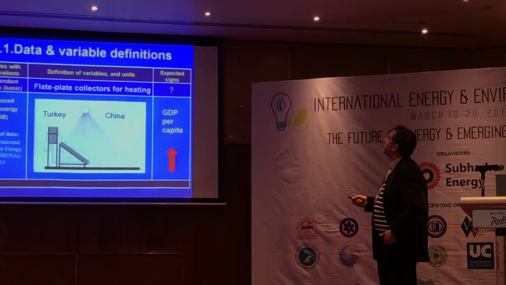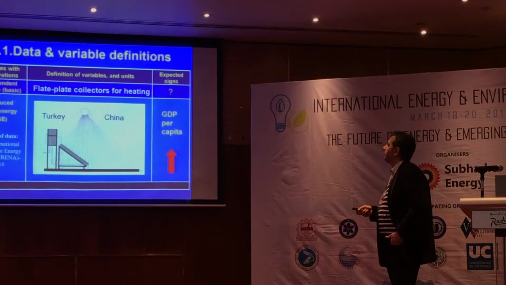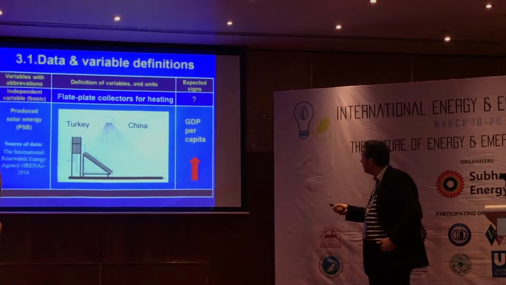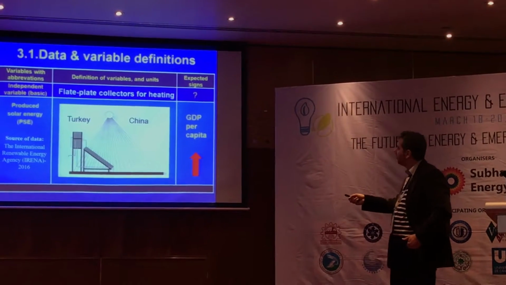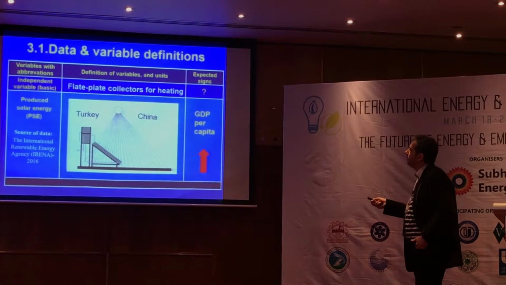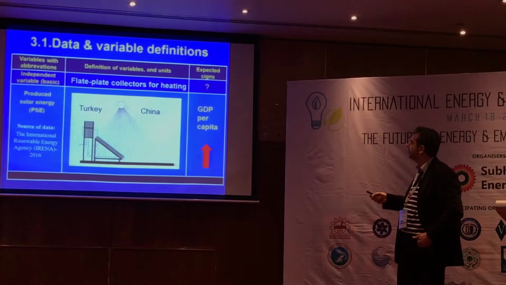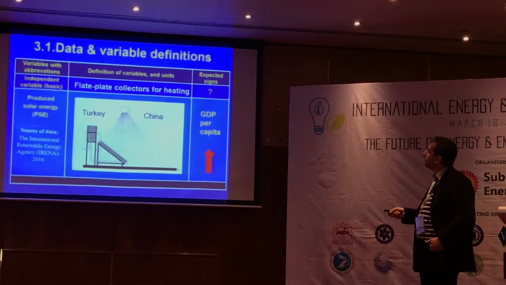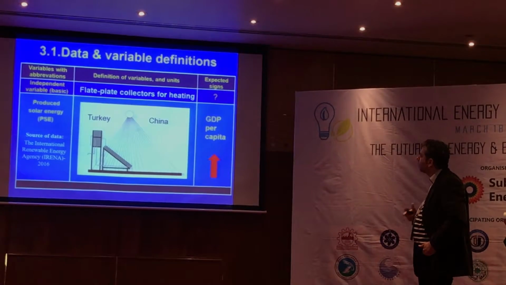Let's see the independent variables that are affecting our dependent variable. One of them is produced solar energy. Here you see a flat plate solar collector. As you know very well, it is used for heating purposes, and Turkey and China are the leading countries in flat plate solar collectors.